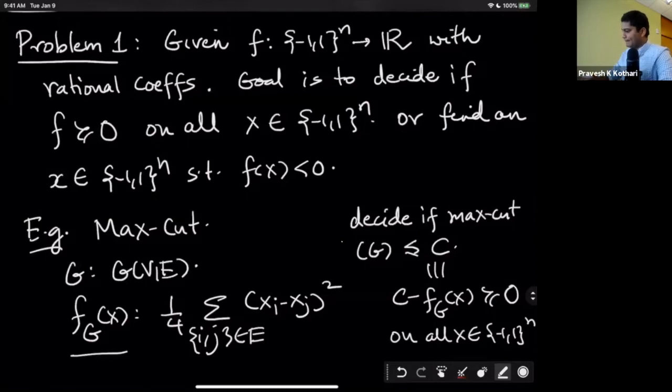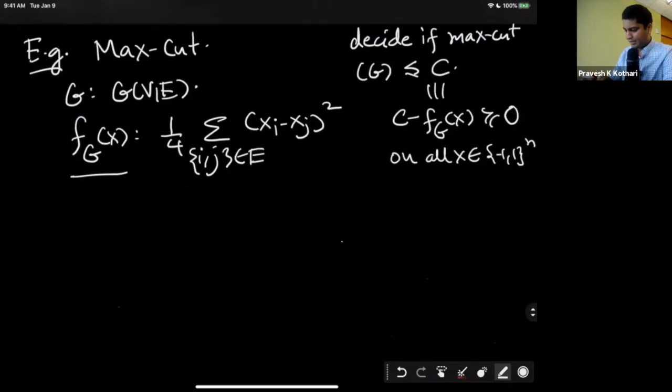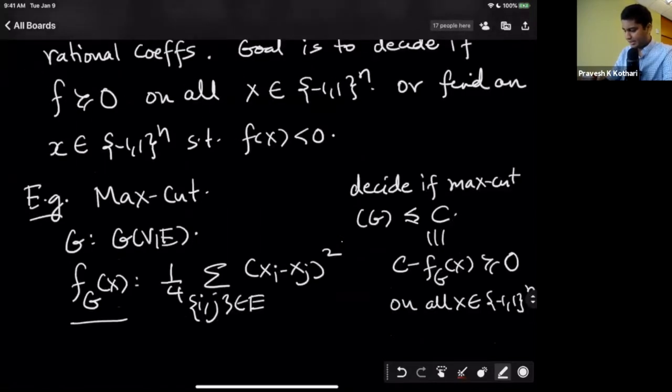I already said that f will have rational coefficients, but we should think about the questions of representation. In problem 1, the one thing you can ask is, how is the polynomial f presented to you? Throughout this course, and in particular today, we're going to assume that f is given to you by describing every coefficient separately.